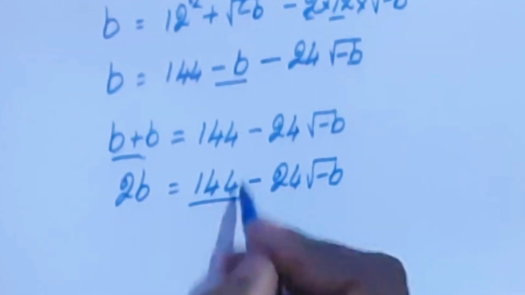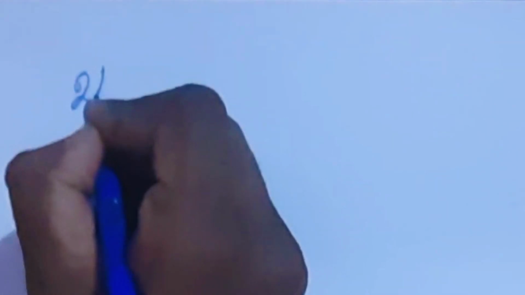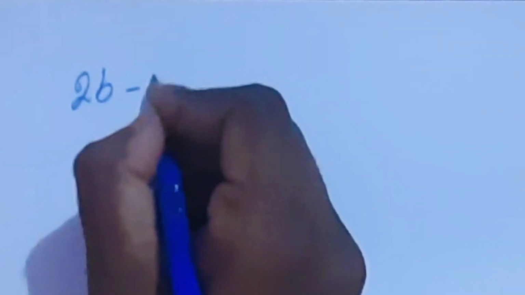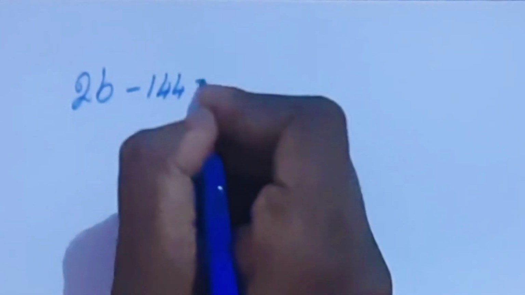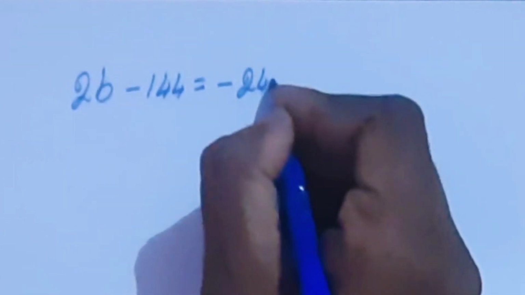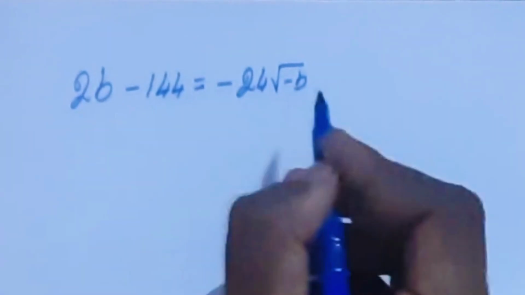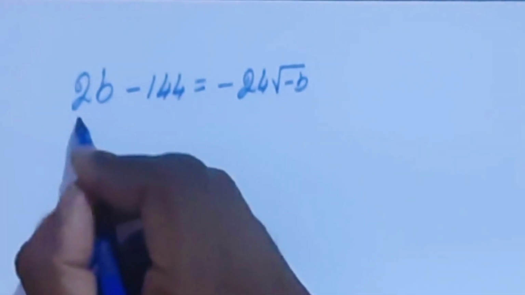Here we are going to move this to the left-hand side also. So 2b minus 144 equals minus 24 square root of minus b. Here we are going to divide by 2 on both sides.